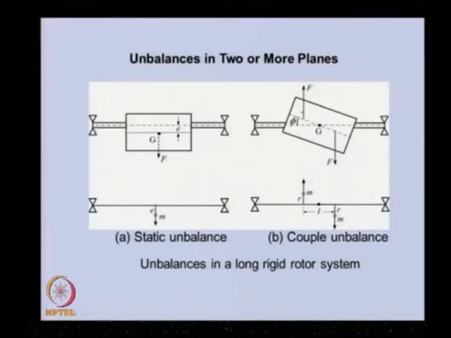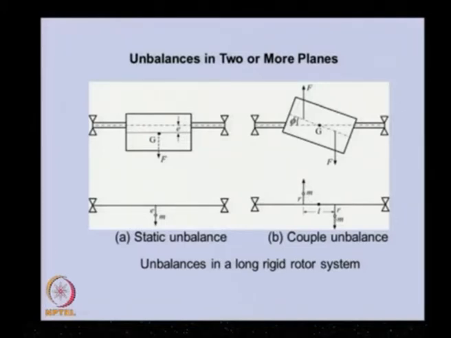But for the same long rotor, if the center of gravity is at the bearing axis but the rotor has some tilting, then when it is rotating there will be forces which form a couple, giving two forces in two different planes.